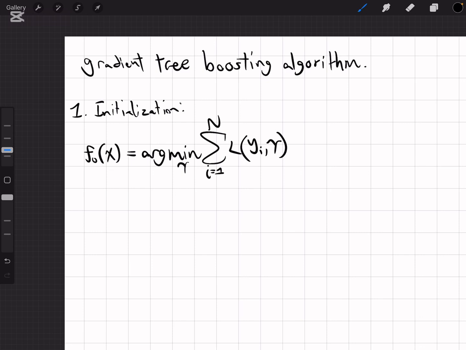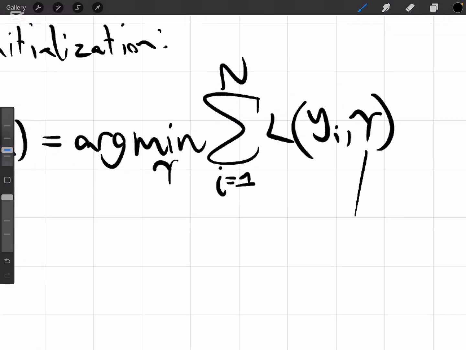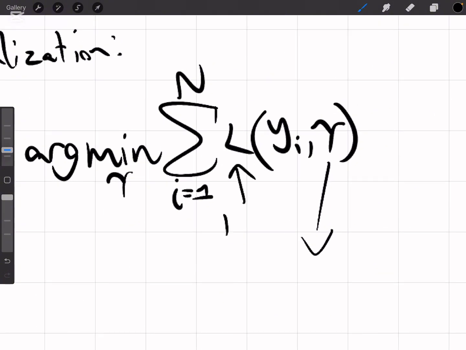Okay, so we have our constant function. Mathematically, this right here is a constant, and it's chosen to minimize the overall loss, which is L. This is loss.